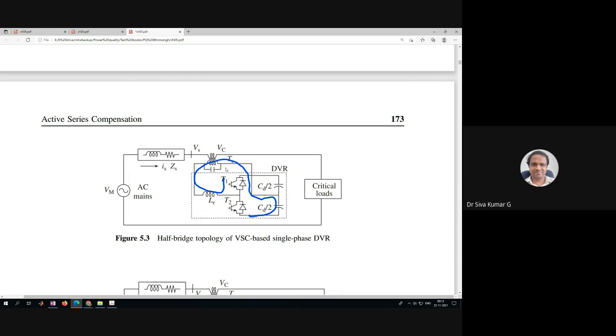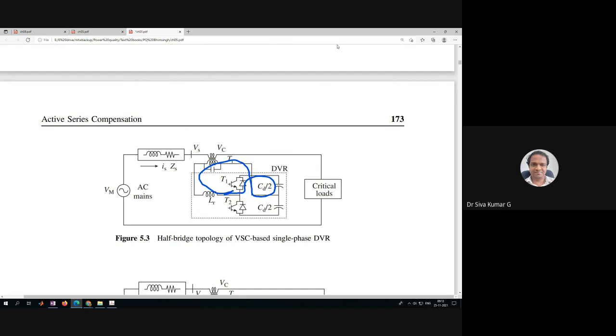Maybe I've drawn it the wrong way. Just a minute. It tries to have a flow path in this particular direction only. It all depends on whether you're operating in the PWM scheme.